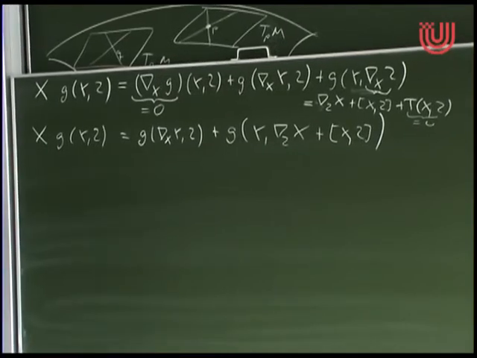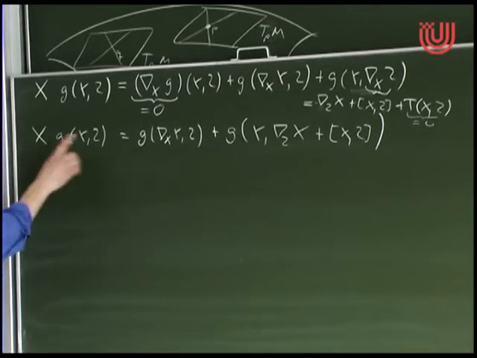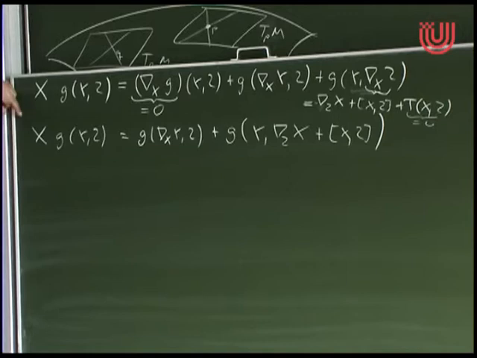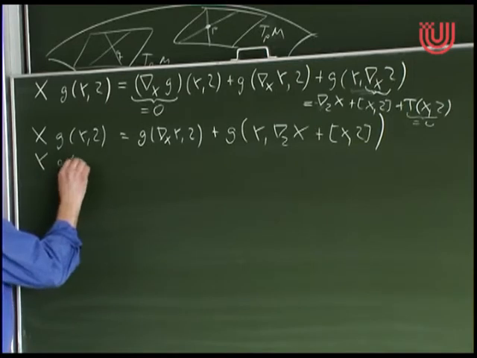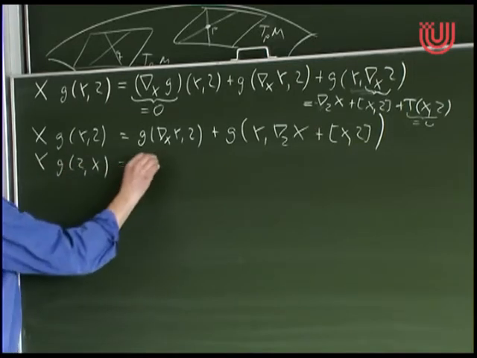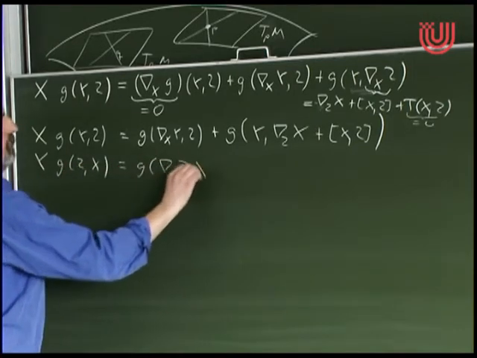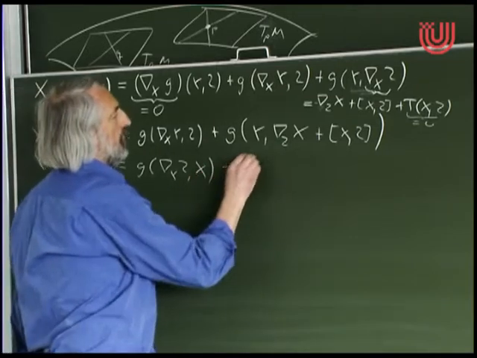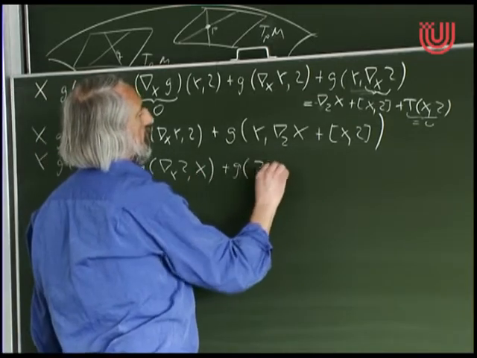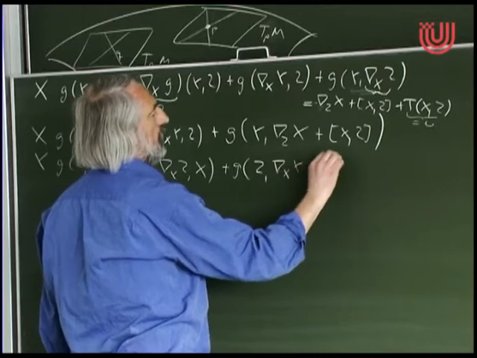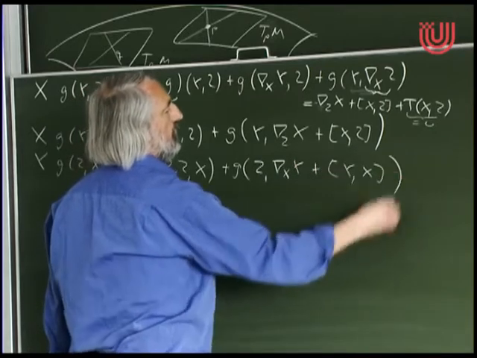So I get, in the end, this expression here. And now I write the same equation two times more with the vector fields interchanged. This holds for all vector fields x, y, z, right? So it also holds if I interchange them, and I do this cyclically. So I get this here, g y del y z x plus g z del x y plus Lie bracket y x.